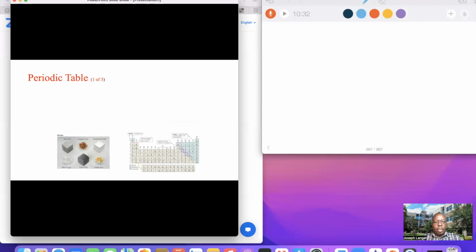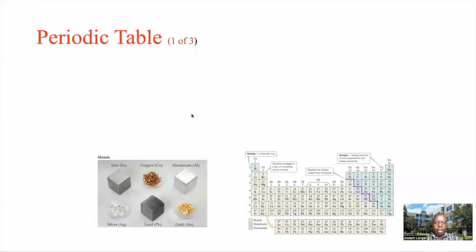Now, the periodic table can also be broken down into metals, non-metals, and metalloids. Metalloids are those elements whose properties go in between metals and non-metals.